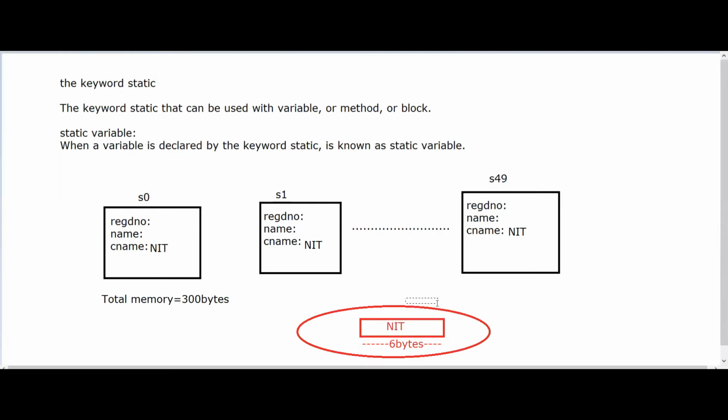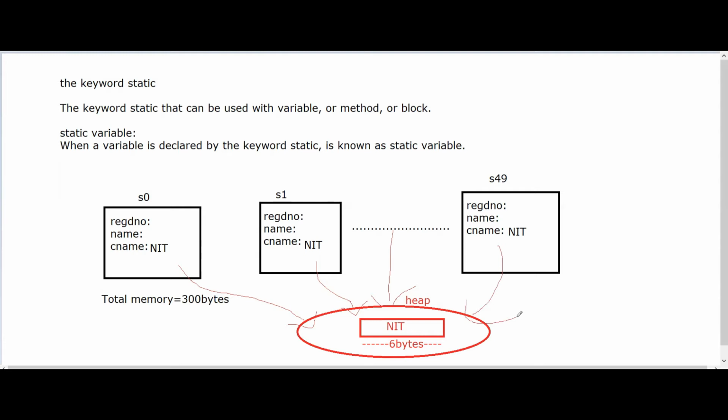This is the heap, and every object shares that memory, the value of the property college name.